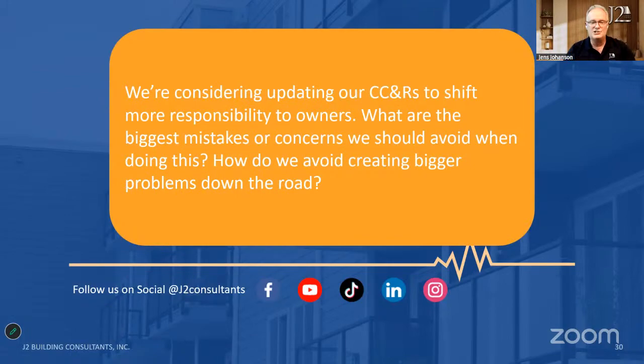We are not against you changing the rules or shifting responsibility. These are your rules and your community. Do what you want, but please be careful and think about the secondary and tertiary steps or effects and how that could cause more problems down the road.